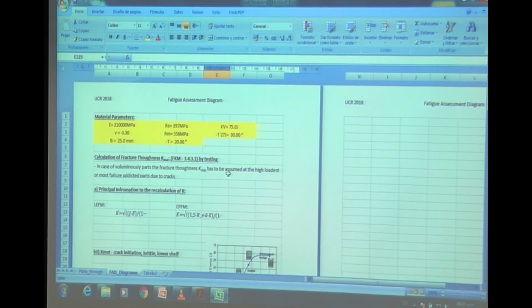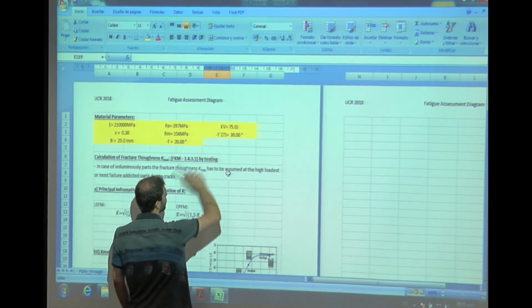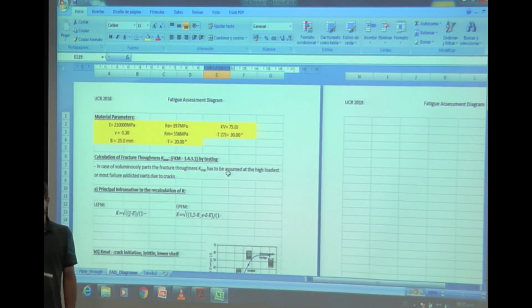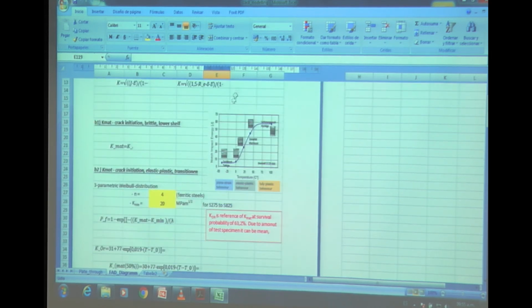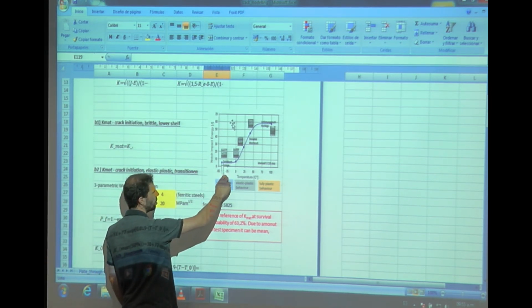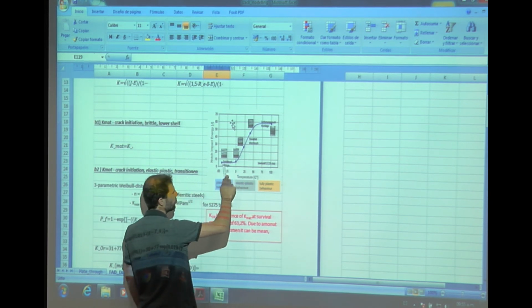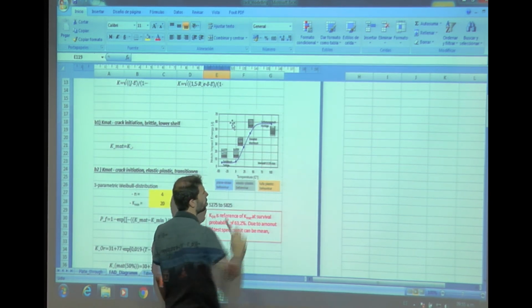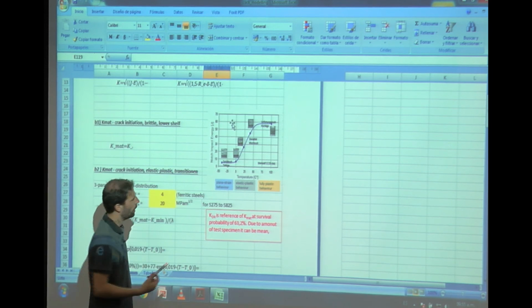the fracture toughness due to the Charpy test. And at this point, you have to know the temperature for the 27 joule information of the Charpy test. So if you go here, we have the information of our Charpy test. We have the brittle fracture for low temperature, and for high temperature we have the ductile behavior.